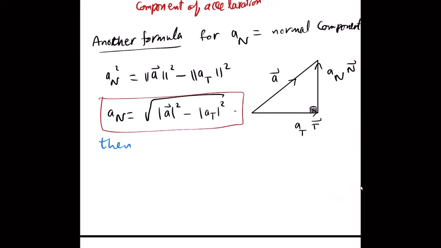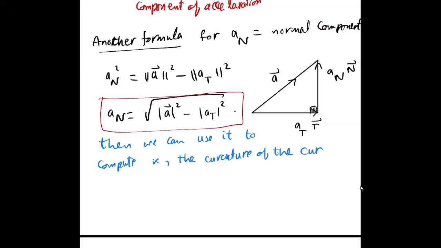Kappa times ds by dt, squared. Yes, squared. Therefore, kappa is the magnitude of the normal component a sub N, divided by the square of the speed.